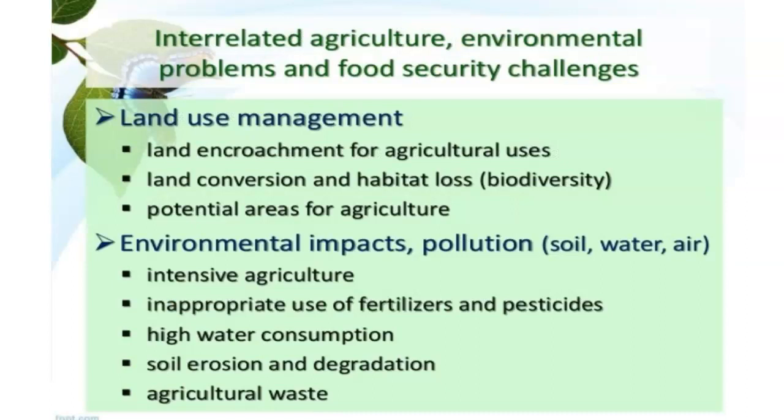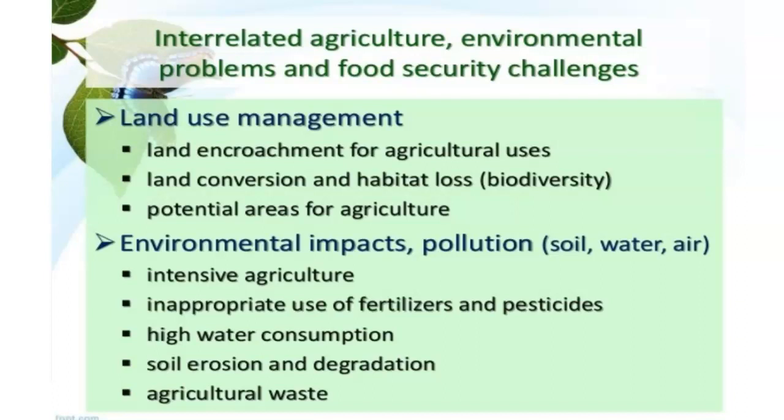With agriculture, there are environmental problems and food security challenges that come with it, especially when it comes to land use management. Land can be encroached upon for agricultural uses, and land conversion, habitat loss, or biodiversity loss can occur when land is converted for agriculture.